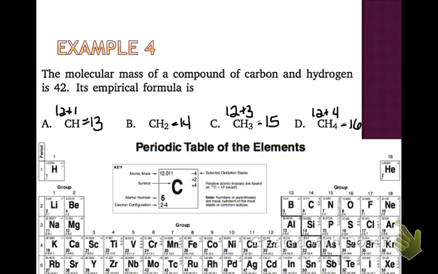We want to see how many of them can actually go into 42 evenly. So what we'll do is take our calculator and divide. You'll take 42 and divide by each one of these.